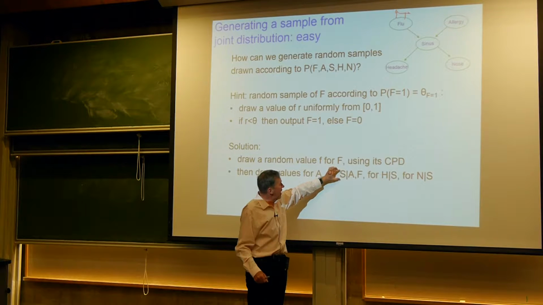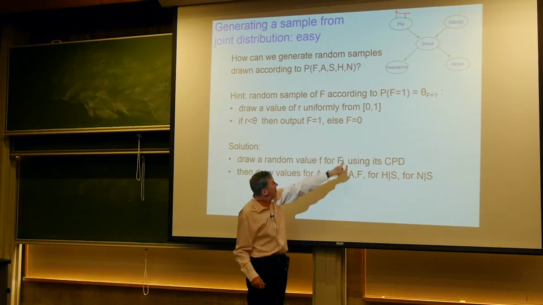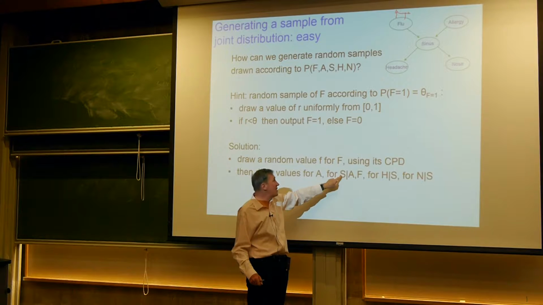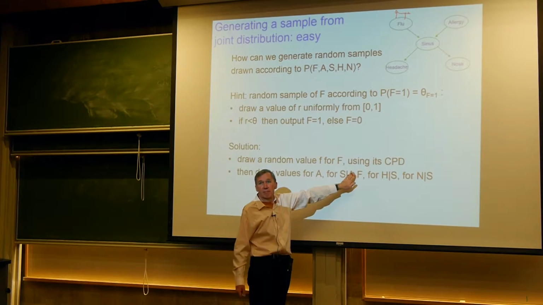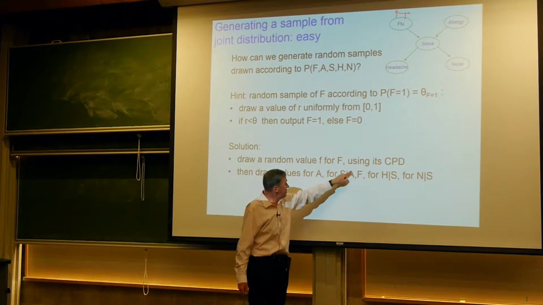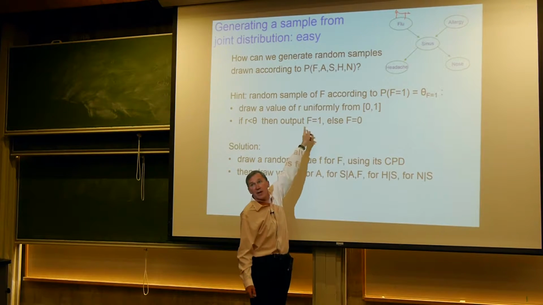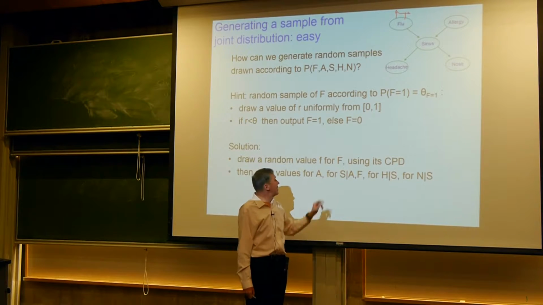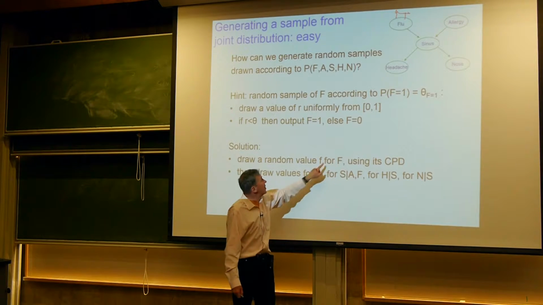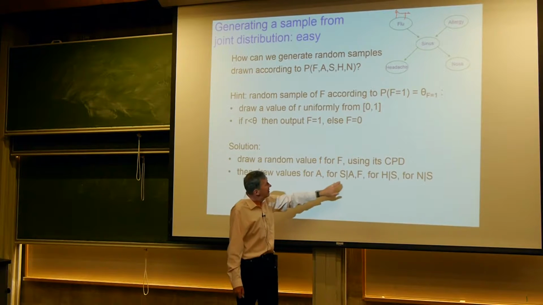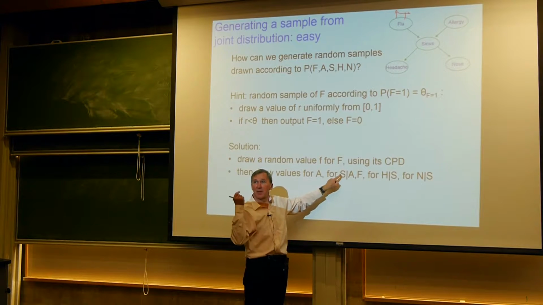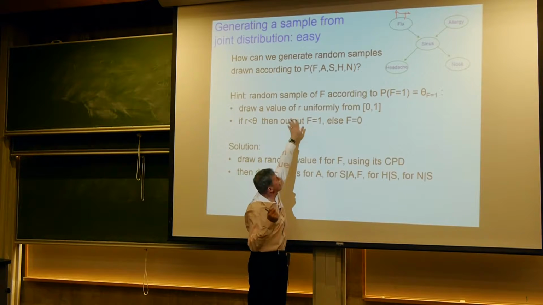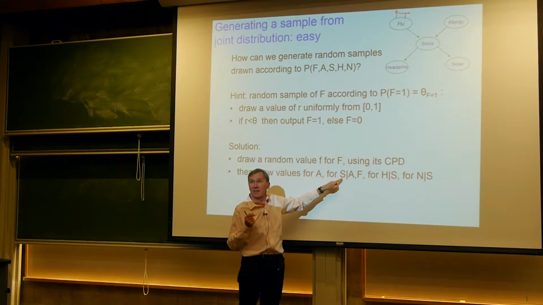Now we just look at the conditional probability table for S, and it tells us the probability that S will be 1 given that assignment that we just drew for A and F. And that's just another theta, and so we use this trick again here. So we're using the sampled values for F and A to pick out the term in S's conditional probability table that we'll then use with this same algorithm to generate a value for S.